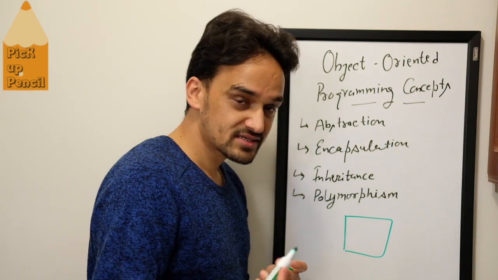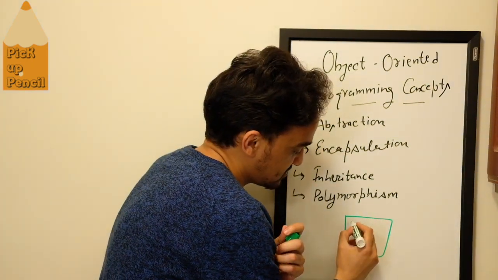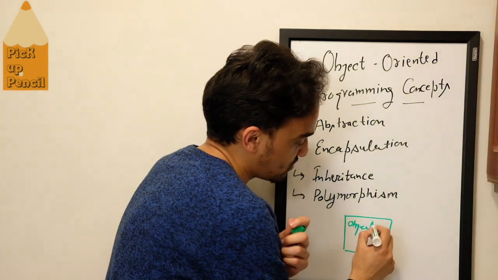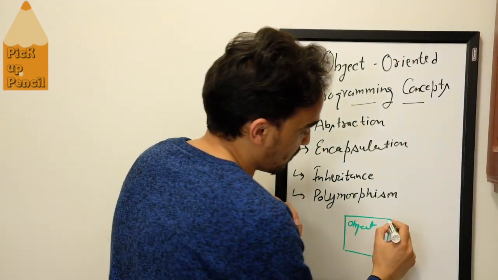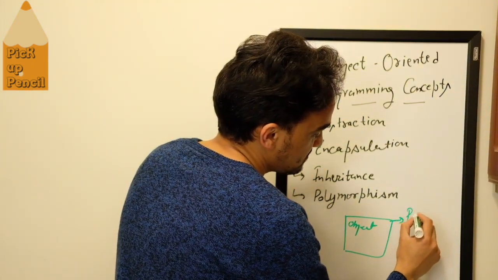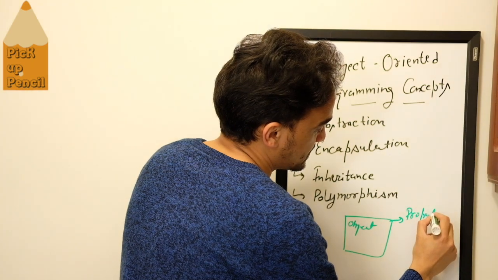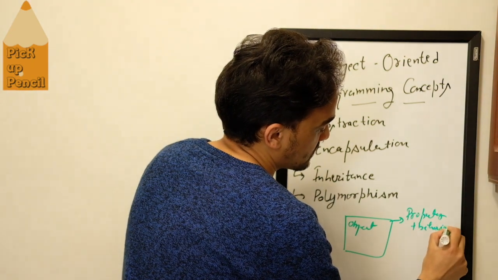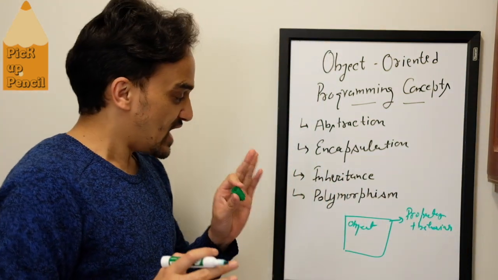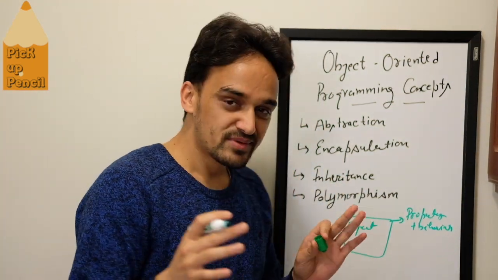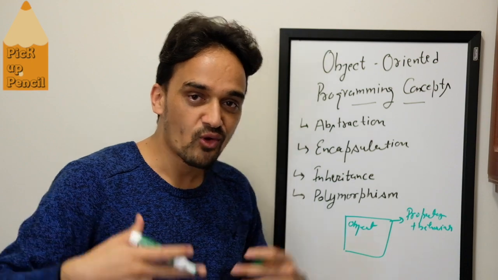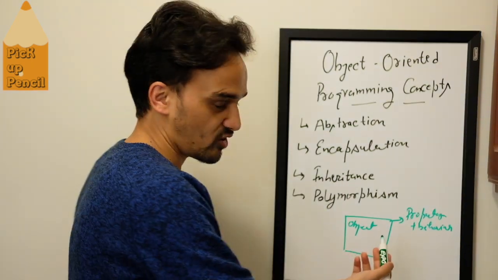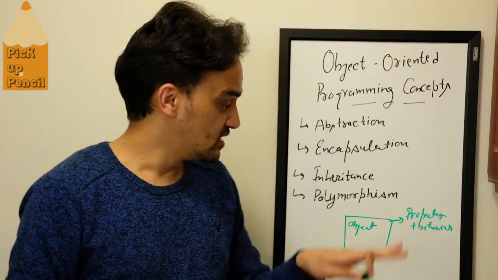So an object is something that consists of properties plus behavior. A lot of times people use different terms for properties and behavior.